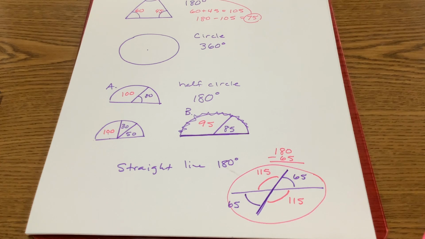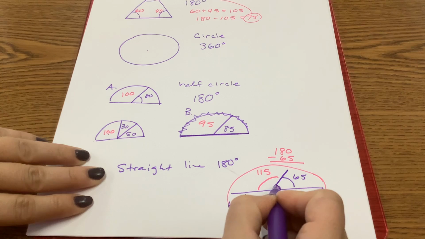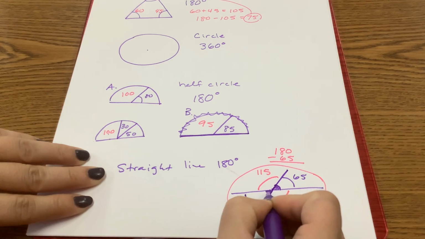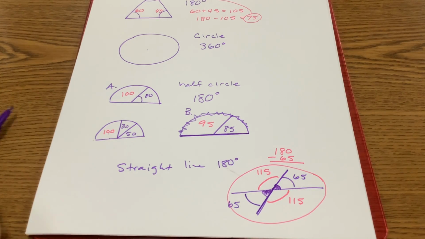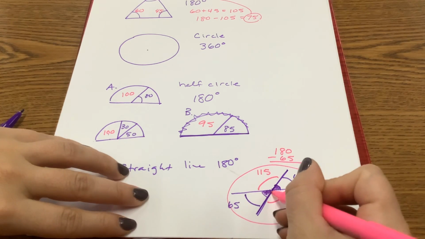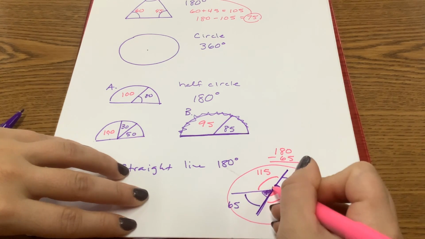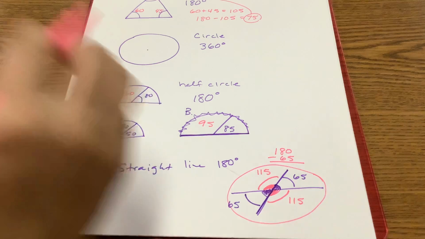I only have 2 different angle measures. I have 4 different angles, but they pair off, don't they? Notice that the ones that are across from each other here and here are equal to each other. And notice that this other set that is directly across from each other here and here are also equal to each other.